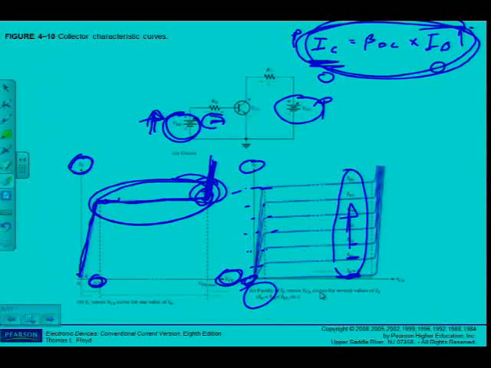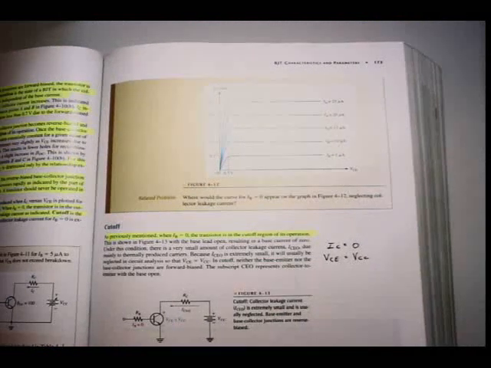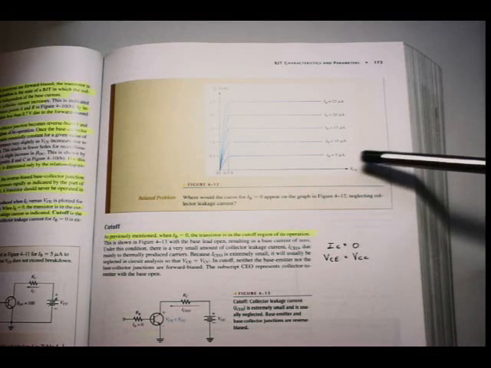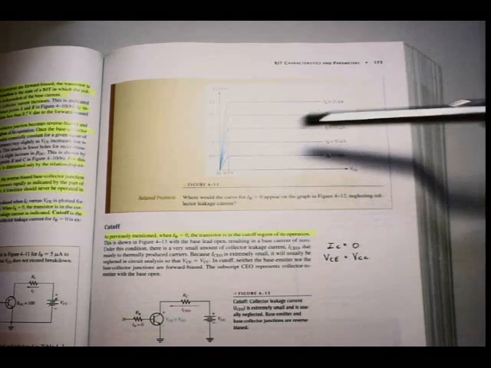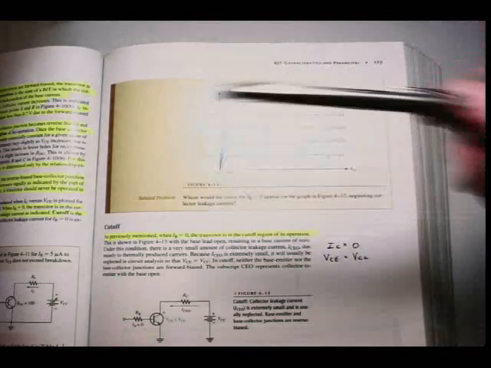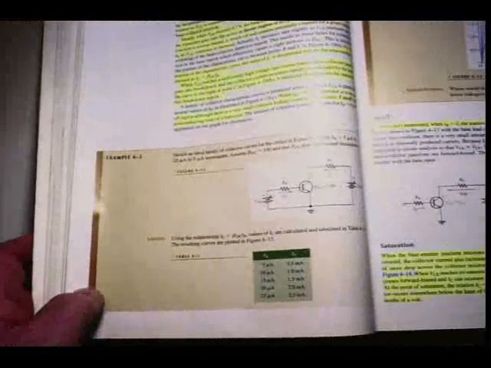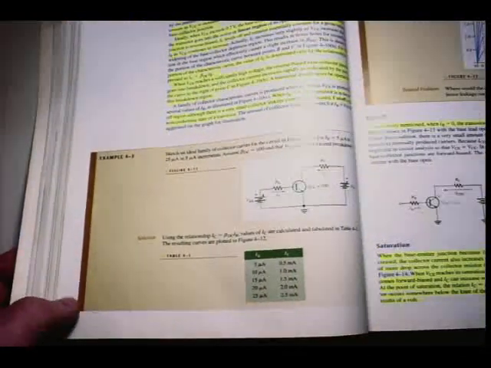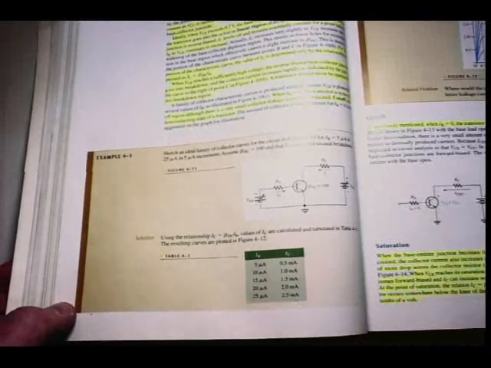So if we quickly look at the solution there, here's the family of curves, done in steps of IB of 5, 10 microamps and so forth, and I have my IC currents accordingly, as you will calculate because you have the formula which says IC is equal to beta times IB. The values of IB are given, so I can calculate the values of IC to be able to draw this curve.